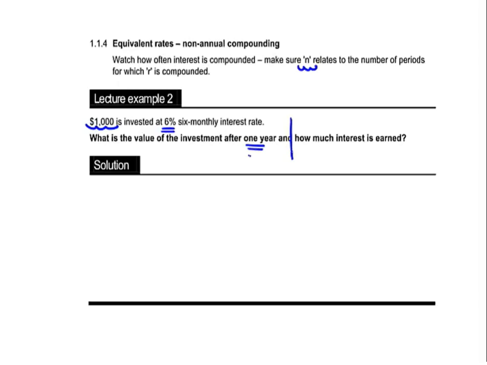So interest is coming every 6 months. So that means in 1 year, we're going to get 2 lots of interest received. So we're going to be looking then at $1,000 being invested at 6% interest, and n is equal to 2 because we've got 2 periods of interest.